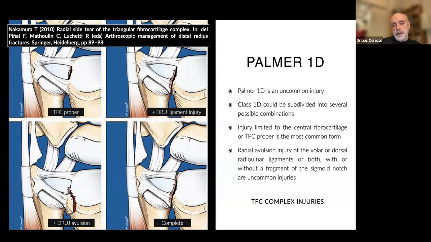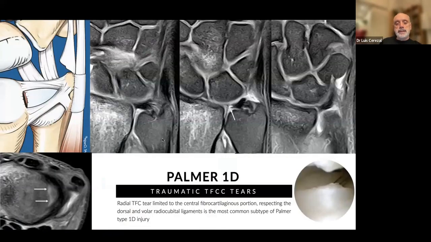Also, we could have a tear of the TFC proper associated with the dorsal or volar radioulnar ligaments, or even with fractures, especially in the dorsal aspect of the radial sigmoid notch. The complete detachment is less common.